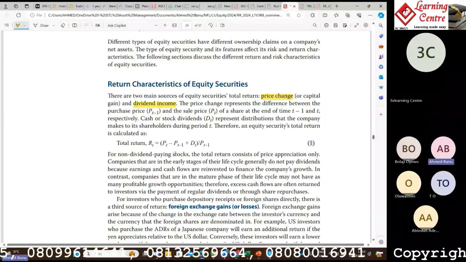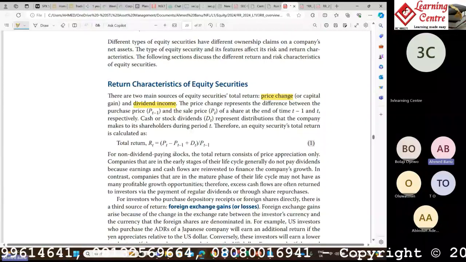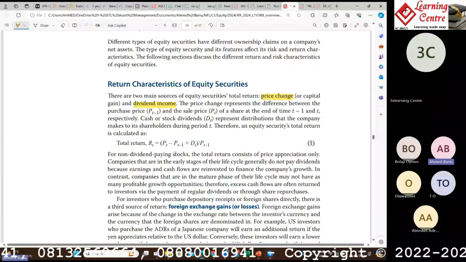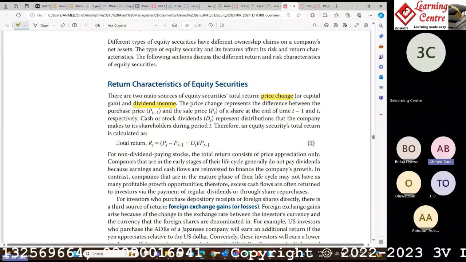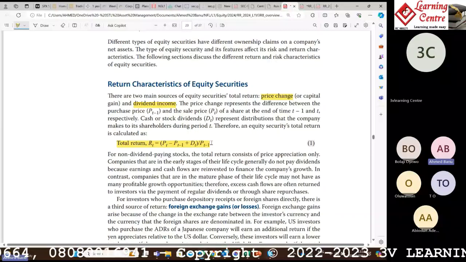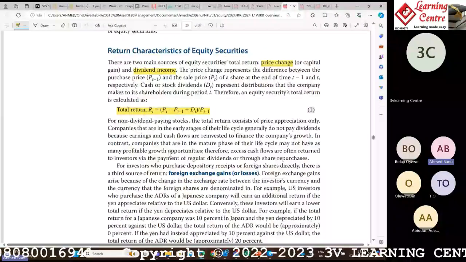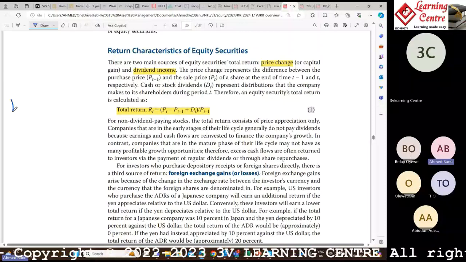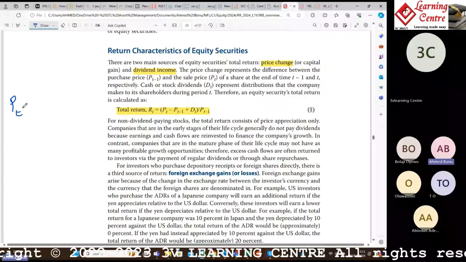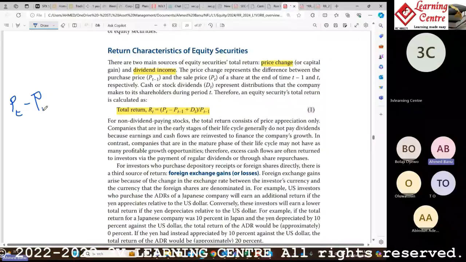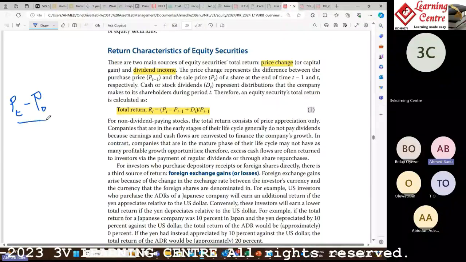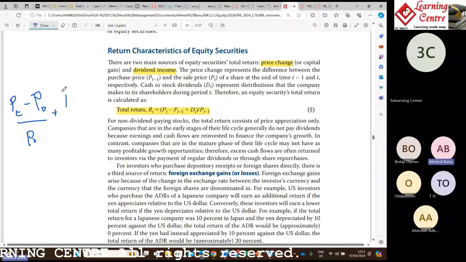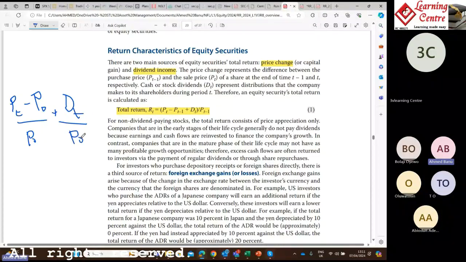However, if the company is not focusing on that, the company might be focusing on paying you dividends, or the company gives you both. And that's why your total return for equity investment is given as this formula, which you all know: your price at time t minus price at time 0, divided by price at time 0, plus your dividend at time t divided by your price at time 0.